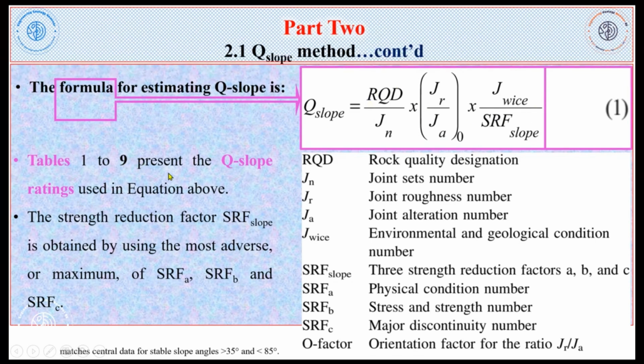So there is a rating table for RQD, for Jn, for Jr, Ja, for the O factor, for the environmental and geological factors, and for the strength reduction factor of the slope also. We will consult the tables while we are giving ratings for each factor, and finally we will get the Q slope value.